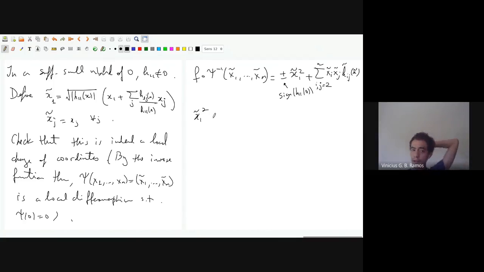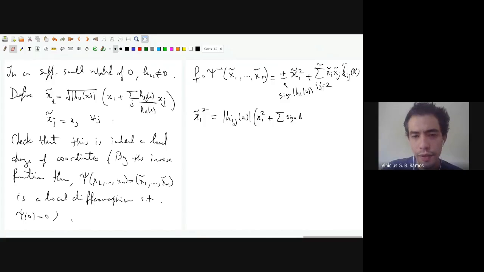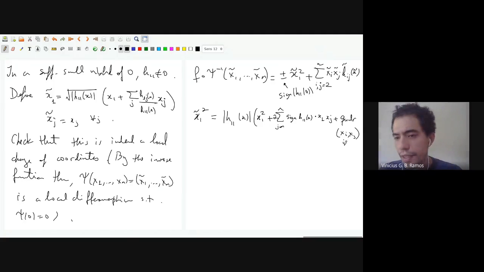You get the absolute value of h11 of x times x1 squared, plus the sum of the sign of h11 of x times twice x1 xj for j equals 1 to n, and then plus some other function just of the xj's, some quadratic term of xi xj for i and j greater than 1.